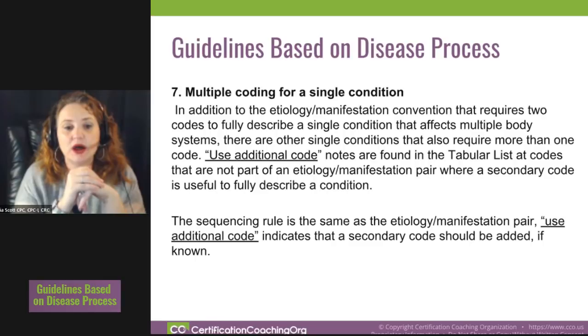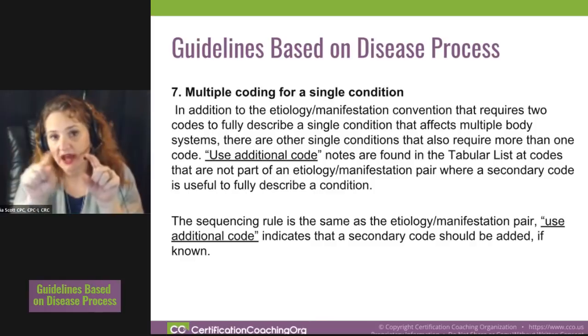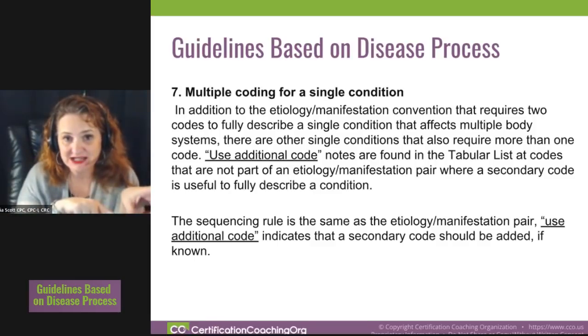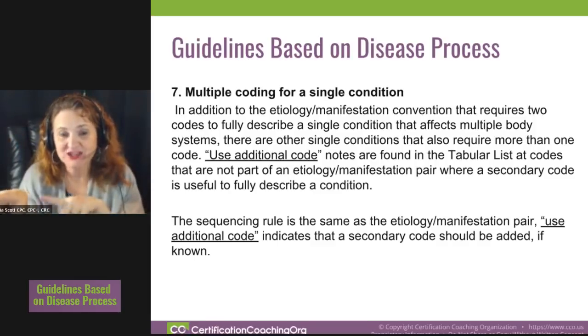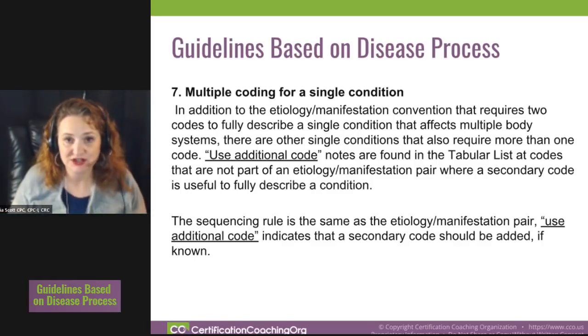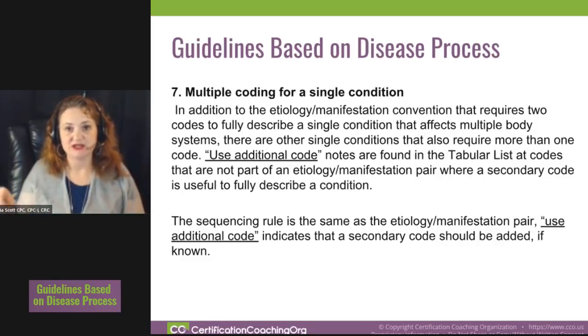Now, you will also see sometimes, if you have a patient that has CKD stage 3, and you look at that code, it says if the patient is a diabetic, then code first the diabetes. Code first means I code this code first, and when you see use additional, then you code the rest.